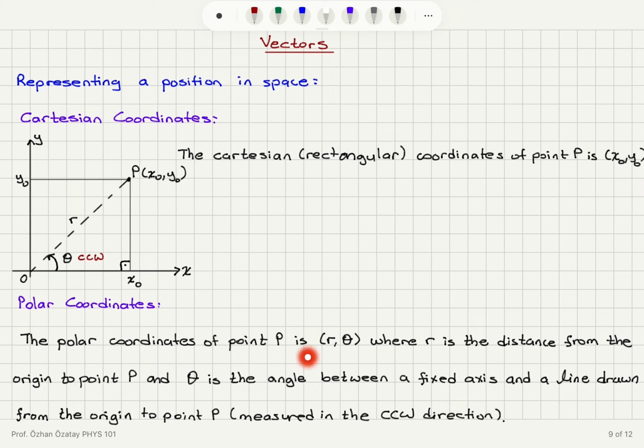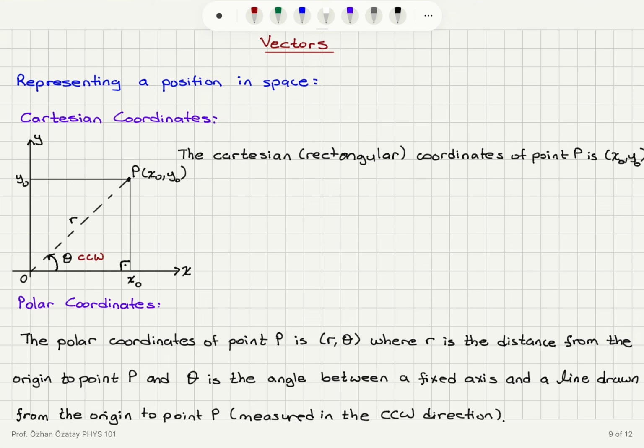So the polar coordinates of point P are r and theta. R is the distance from the origin to point P, and theta is the angle between a fixed axis, here the x-axis, and the line drawn from the origin to point P, and this is measured in the counterclockwise direction, so that's the positive direction for the angle.